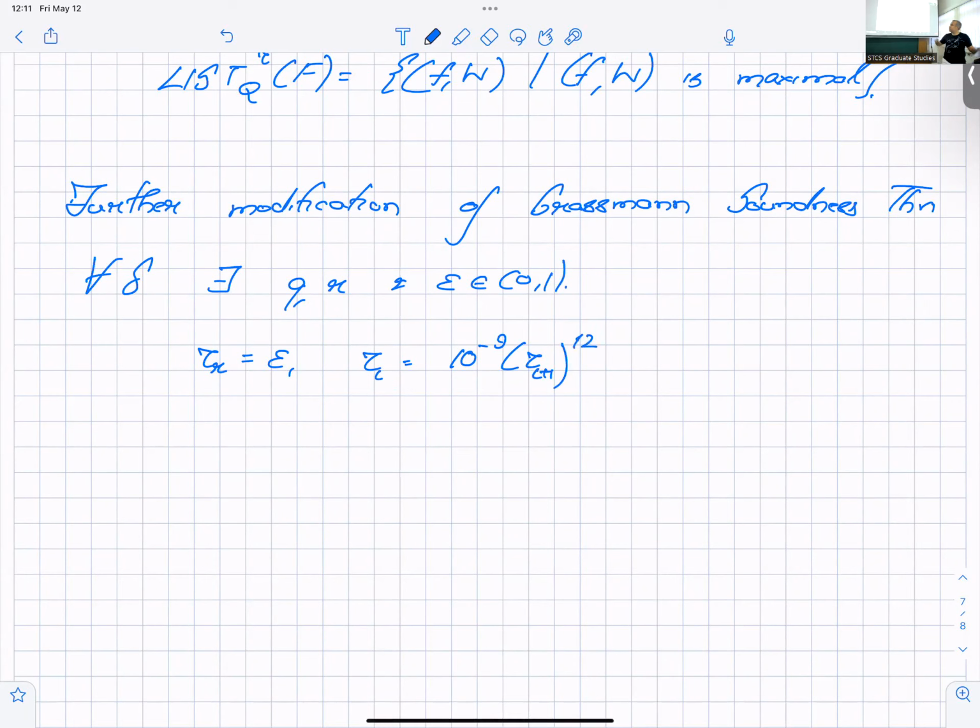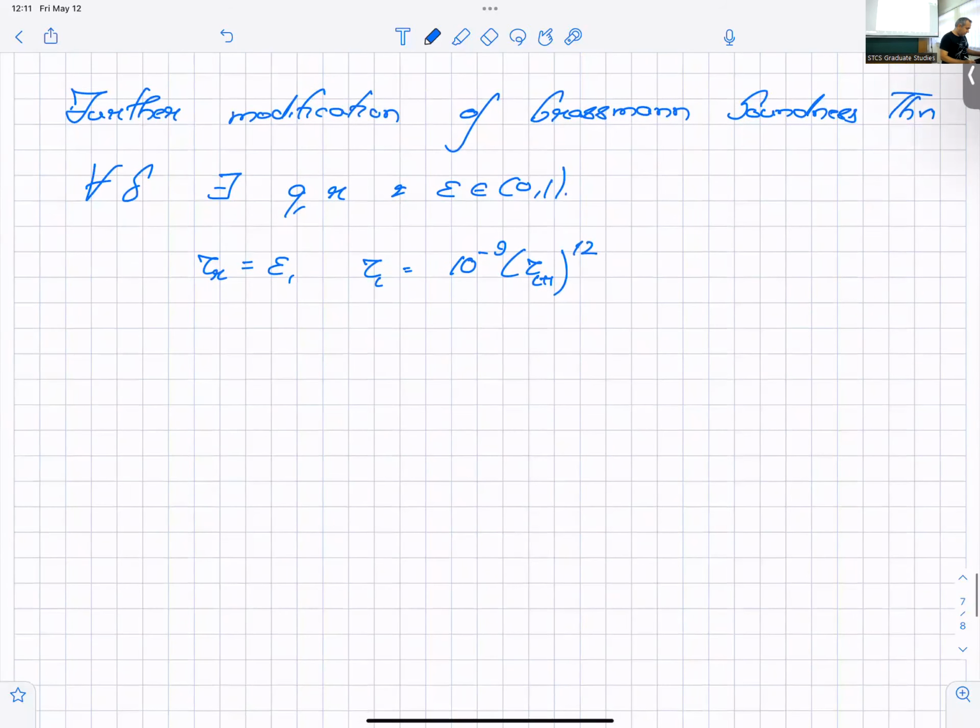So each tau_i is going to fall by that factor. Then for all sufficiently large L, K greater than L, the following holds.